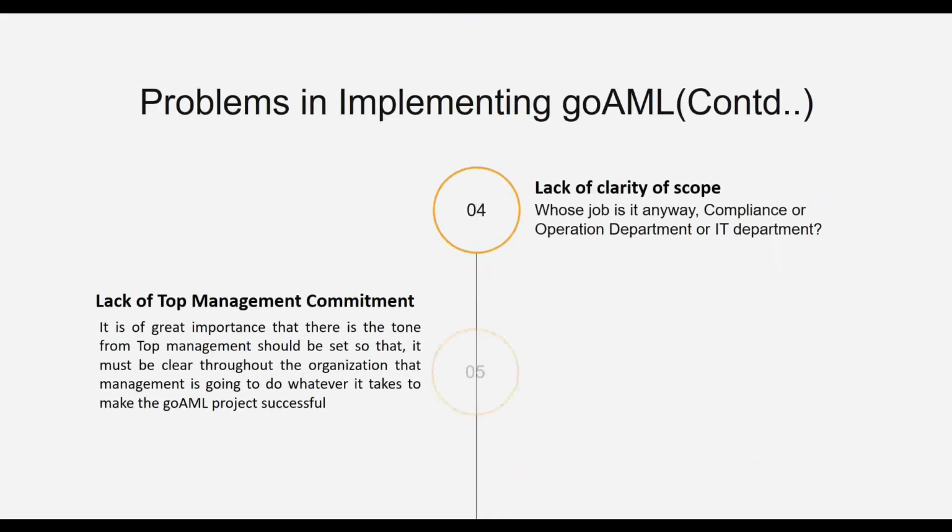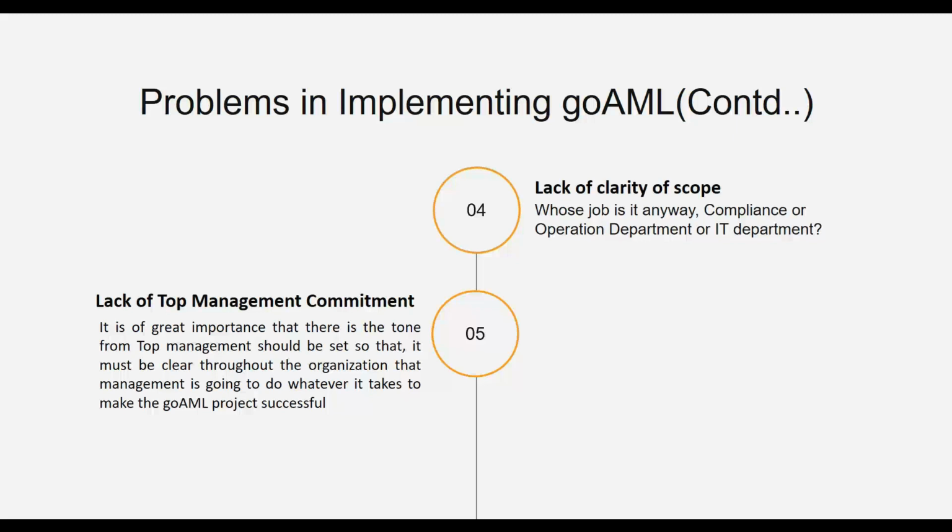Lack of clarity of scope. From the goAML perspective, you need to understand this clearly from the very beginning. As AML, CFT or compliance department staff, your role is to perform a gap analysis between the requirements of goAML and your CBS functionality.